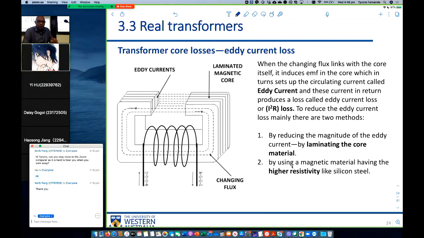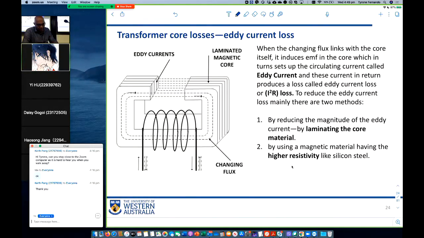So in the core of the transformer, we observe circulating currents, which are called eddy currents, and that gives rise to some I squared R losses in the core, right? You can minimize these eddy current losses by reducing the magnitude of eddy currents.